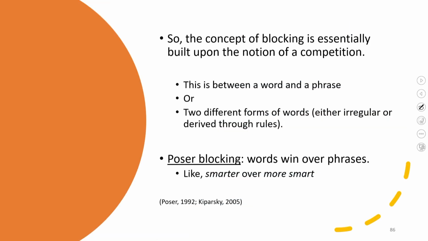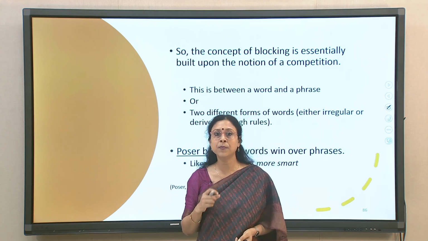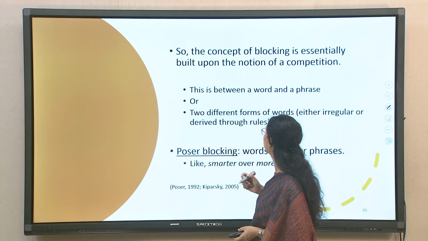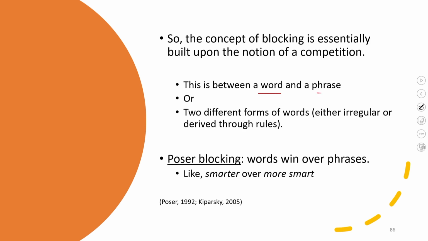The basic idea in terms of blocking, as far as these scholars are concerned, is based on the notion of competition. The competition could be between a word and a phrase, or two different forms of words. Like we just saw went versus goed, that are two forms of the same word hypothetically.